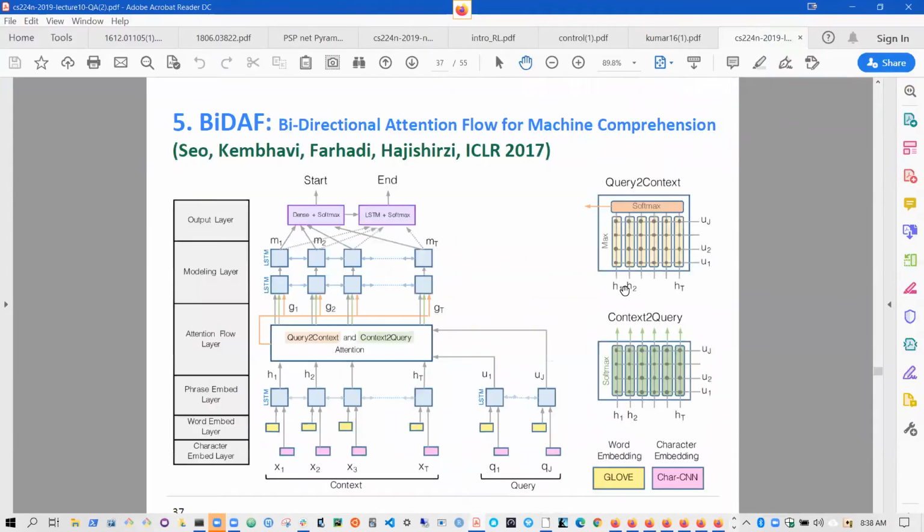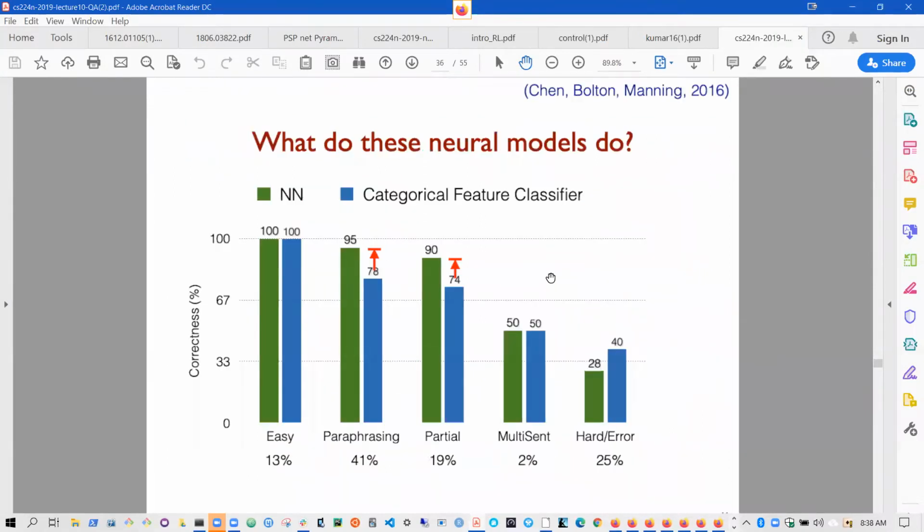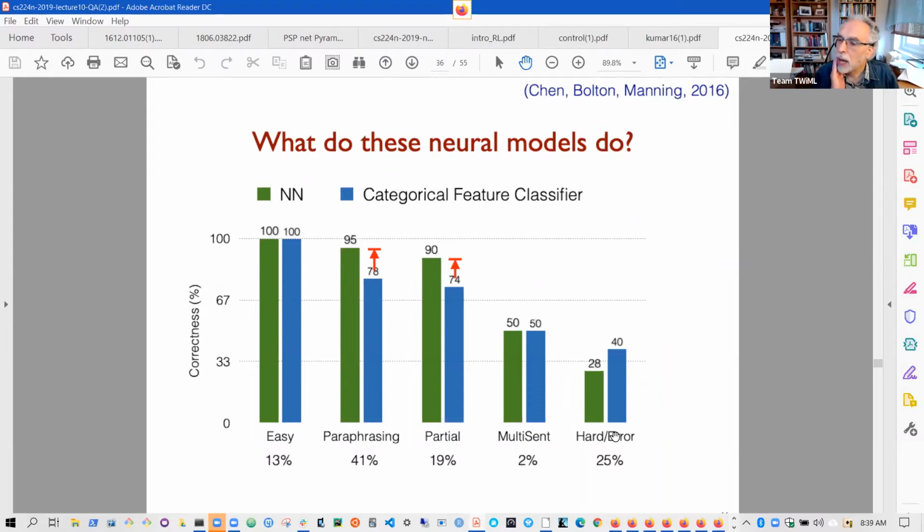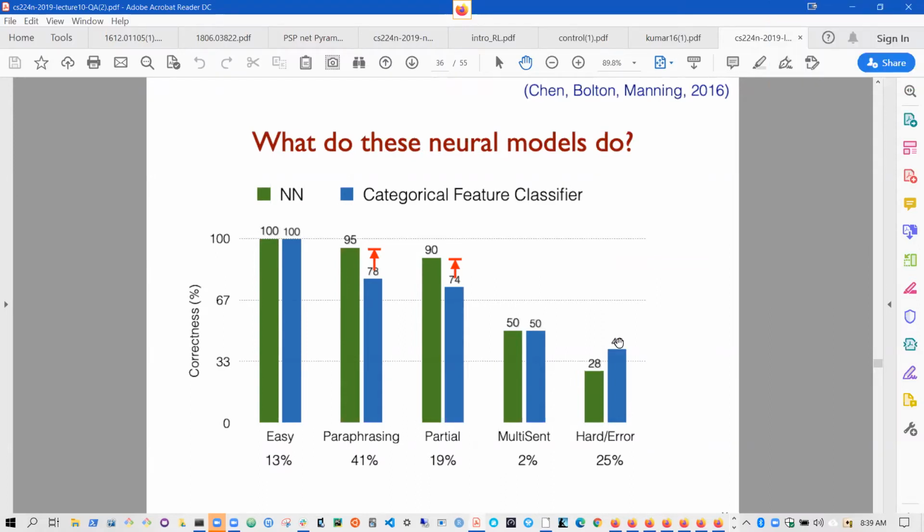Okay, yes, sir. Do you know what the hard error thing is? What that means? I don't, and that's weird because on that one, the neural network doesn't do as well. Yeah. And it seems like the categorical feature classifier is doing better there.